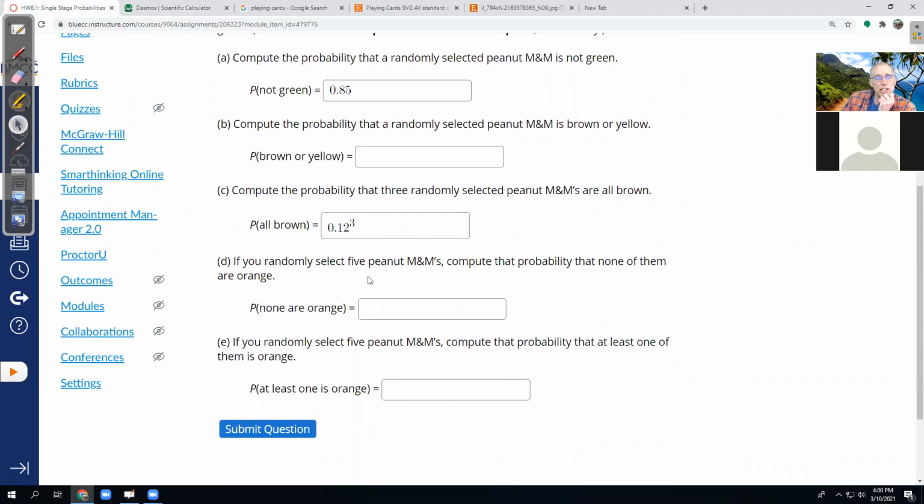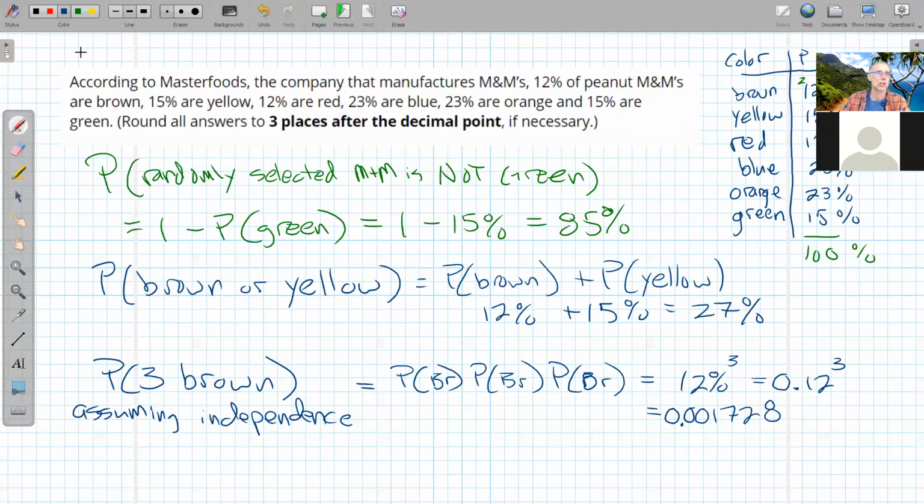If you randomly select 5 peanut M&Ms, compute the probability that none of them are orange. Okay, so this is kind of similar. Probability no orange out of 5.